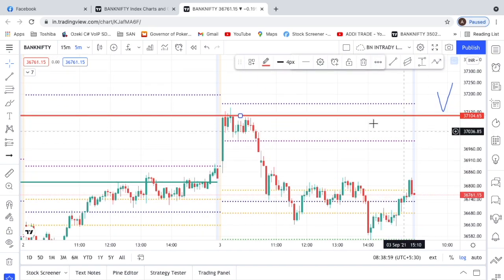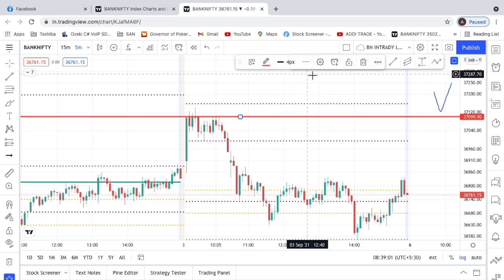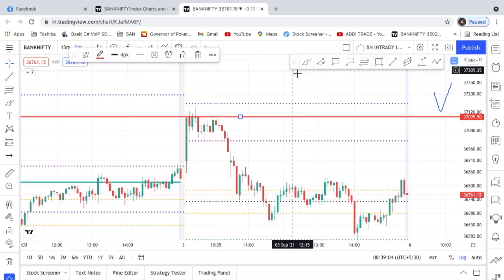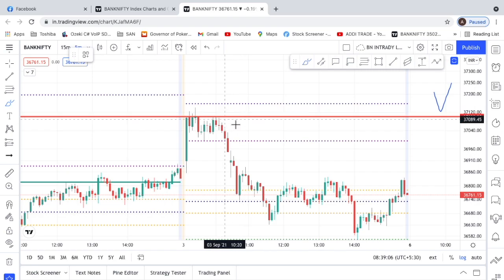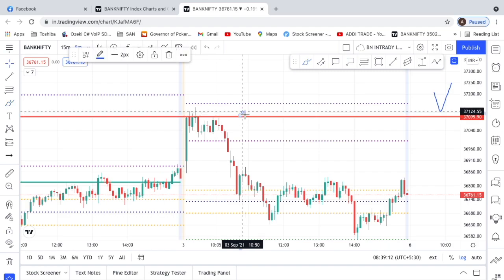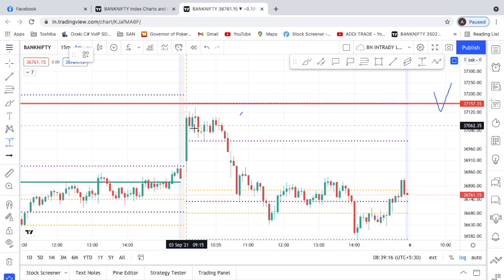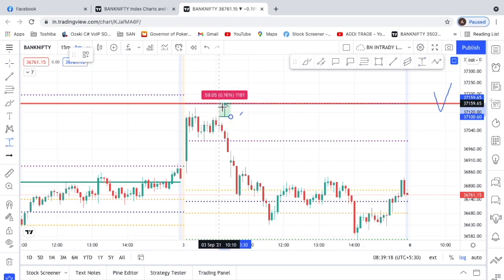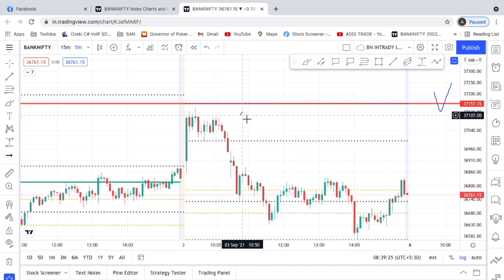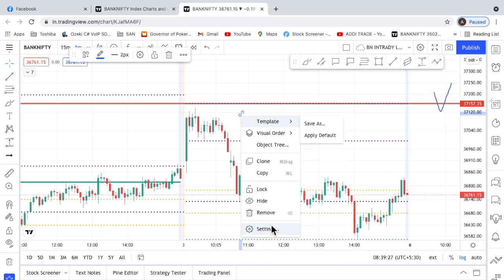Okay, for options, because in options we need to have a very close stop loss. In case somebody is a futures trader, if I've taken 1 lot of futures, I can afford to keep my stop loss at this R2 as the pivot. In futures, a 50-60 point stop loss, even a 100 point stop loss is okay, because on one lot you'll be losing 5,000 if you have a 100 point stop loss.